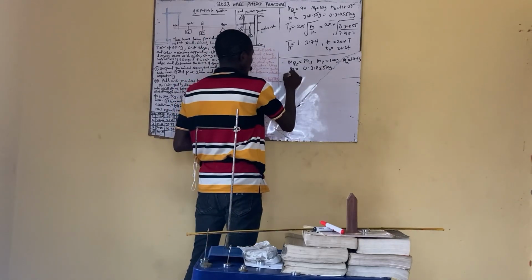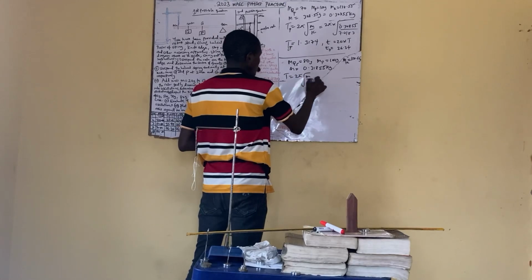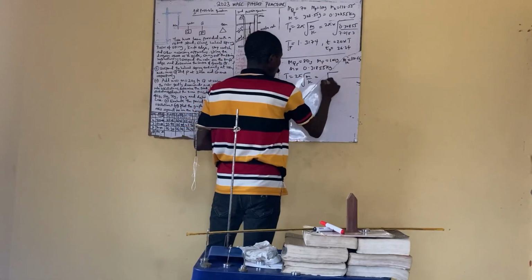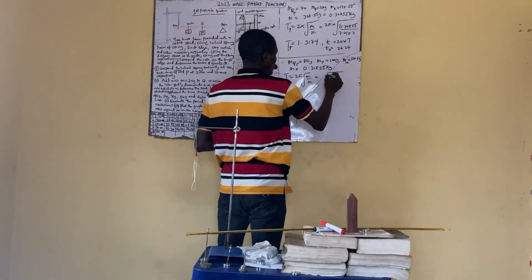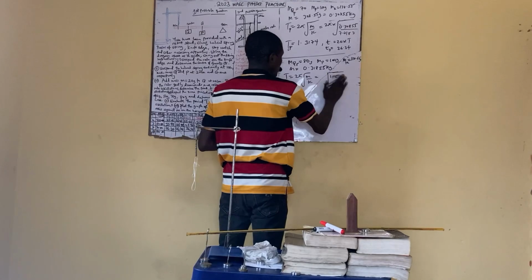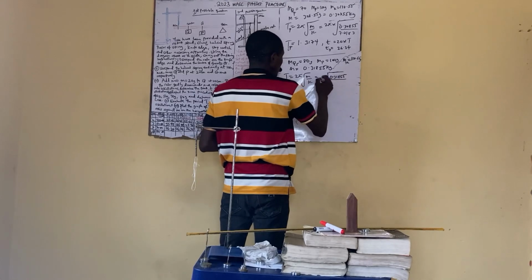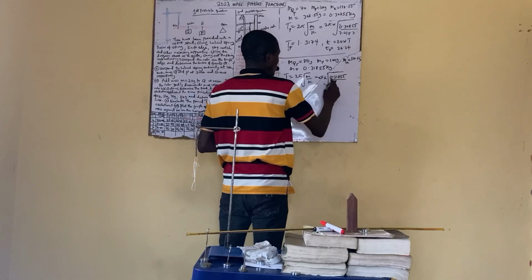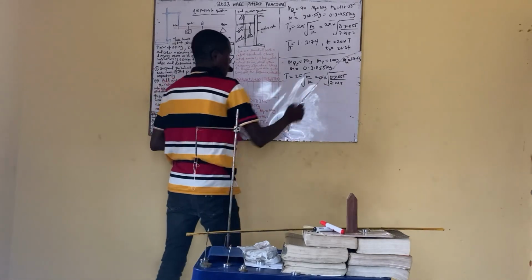Then your T is now 2 pi root M over K, which is square root of M. What is M? In kilogram now, 0.31855 all over K. Don't forget there is 2 pi. 1 over K, 7.0183.